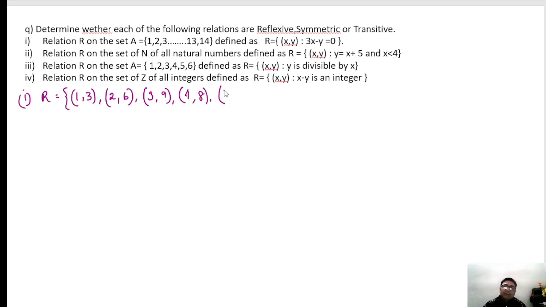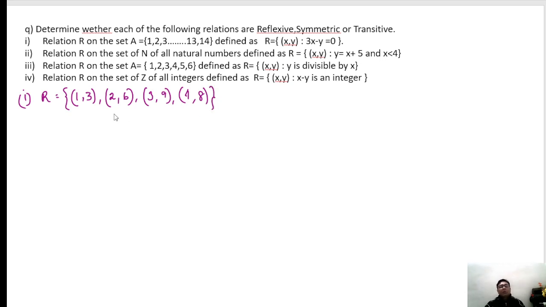If I choose x as 5, I can't choose 5 because then y has to be 15, which is not possible. So these are the things till where we can go. This is the relation R.